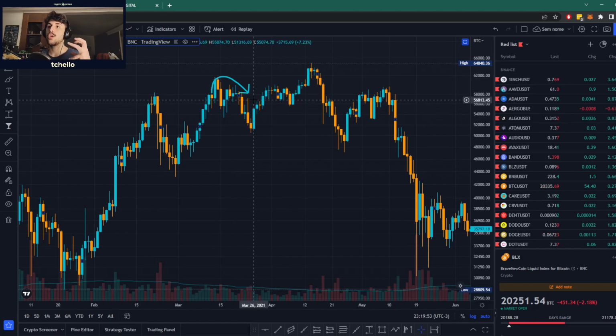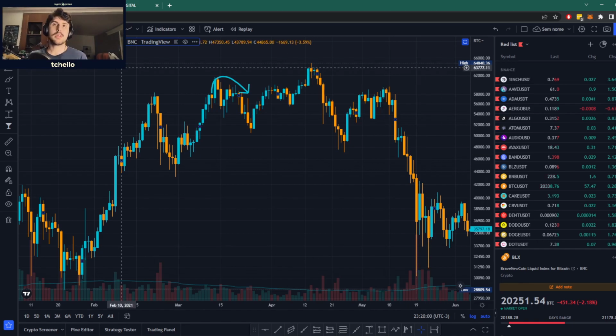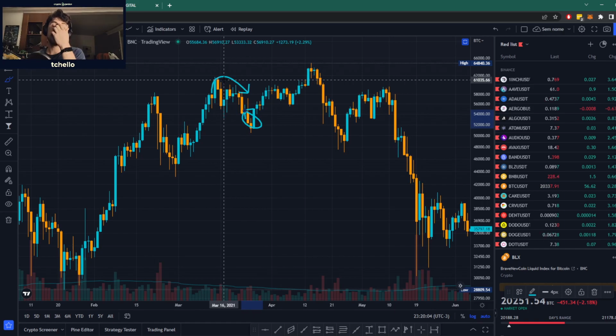And this huge distribution structure, for example, is made specifically to trap people, right? It's not because you sold here that you're going to be out of the market. No, you're always going to be wishing for new opportunities to buy.